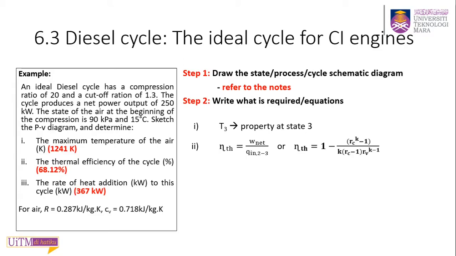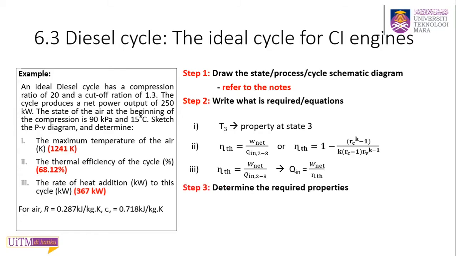We can use either equation to solve for the thermal efficiency. Number 3 is to calculate the amount of heat added to the cycle. We can use the thermal efficiency equation to solve for the amount of heat added, since we have already calculated the thermal efficiency previously.